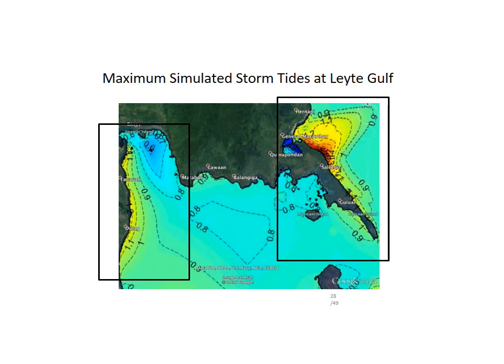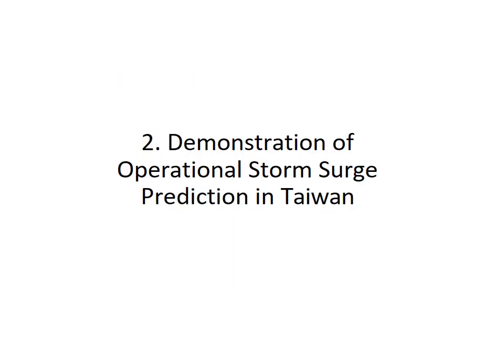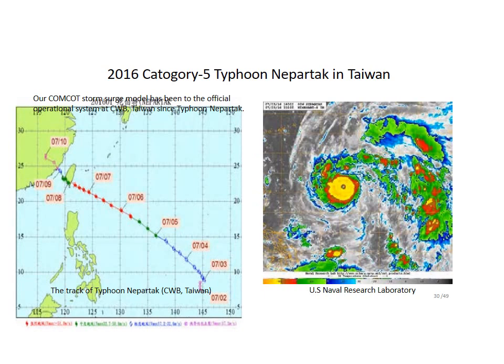Okay, the second demonstration case is about operational storm surge prediction in the Taiwan region. It shows the case of the 2016 Category 5 Typhoon Nepartak in Taiwan. Typhoon Nepartak is a severe typhoon, and its intensity reached, I remember, Category 5 on the Saffir-Simpson scale.